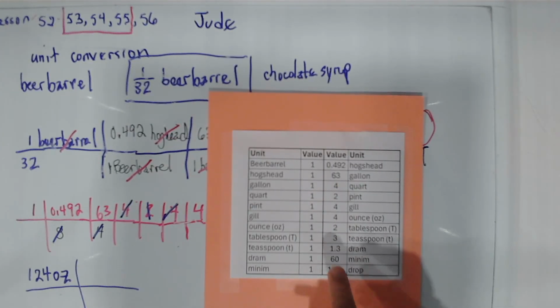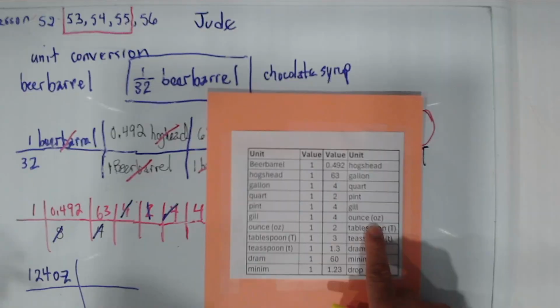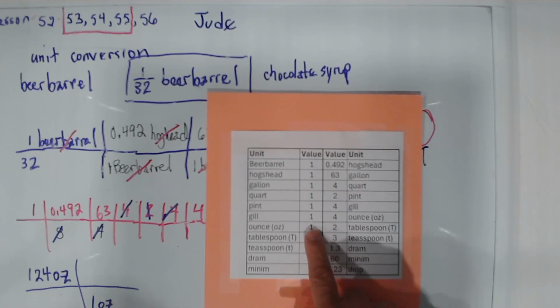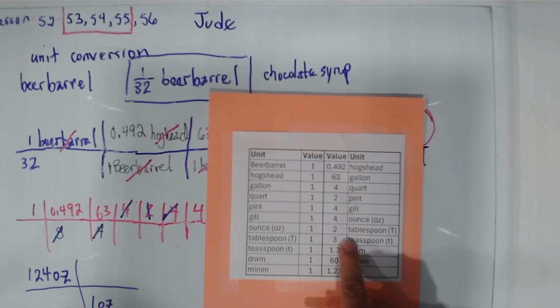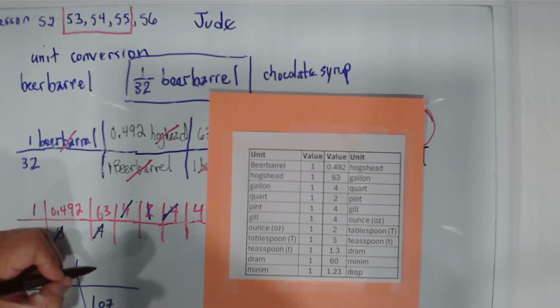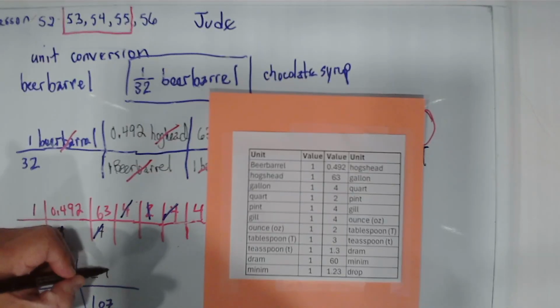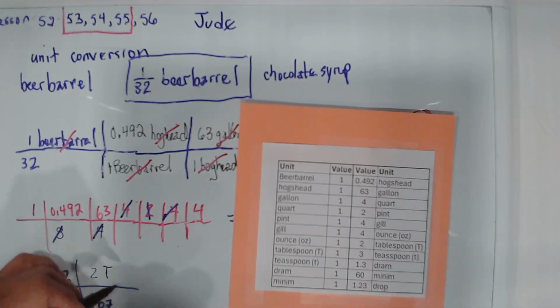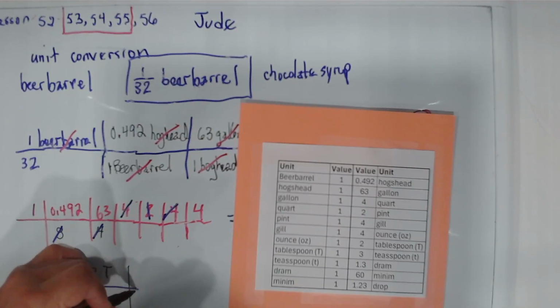So again, I want to cancel out ounces. So ounces is going to go on the bottom, 1 ounce, and on top, I'm going to put 2 tablespoons. You abbreviate tablespoons with a capital T. Okay? So we're getting close.